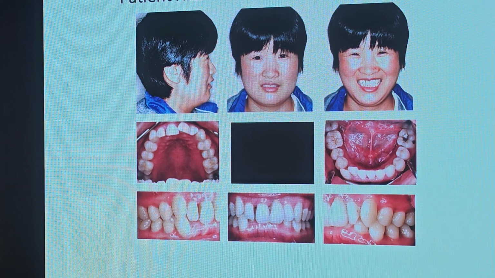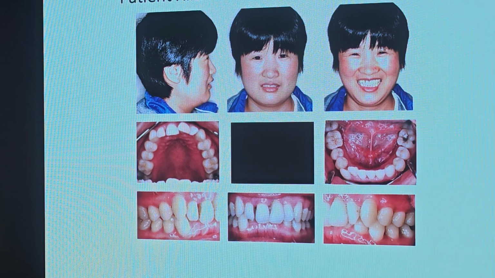And we looked at her, and you can see there is a complete deep bite in this patient. Upper incisors are completely covering the lowers. The occlusion is asymmetric between the left and right sides.